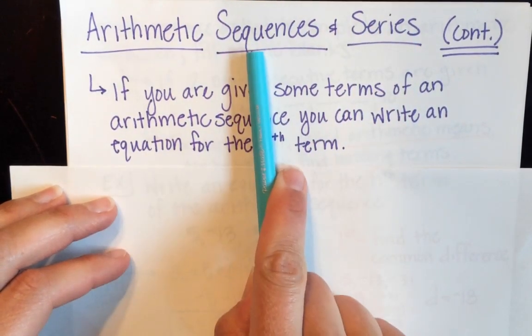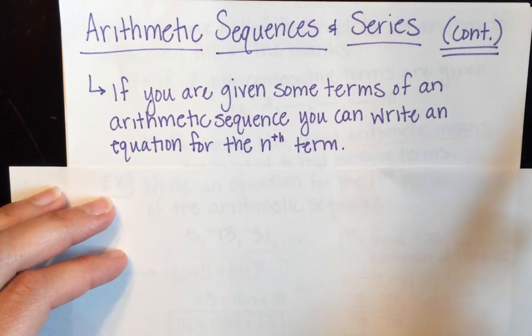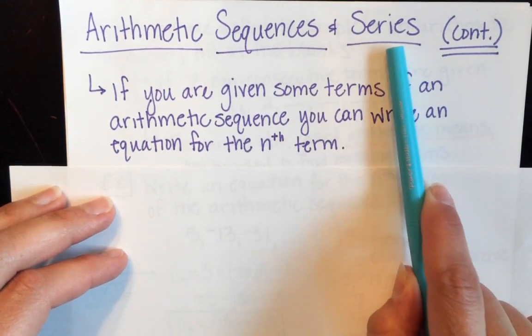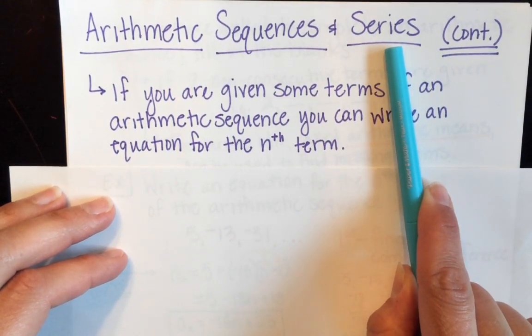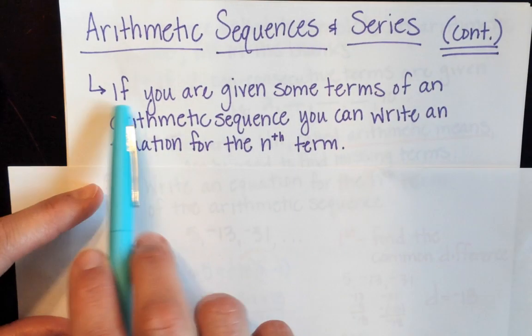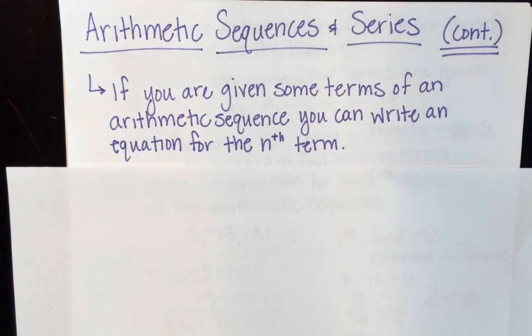So a sequence is just a list of numbers; a series is when you add them all up. If you're given some terms of an arithmetic sequence, you can write the equation for the nth term. In some cases, we don't know where we want to stop. However, we can write the equation to figure out what that last term, n, is going to be.